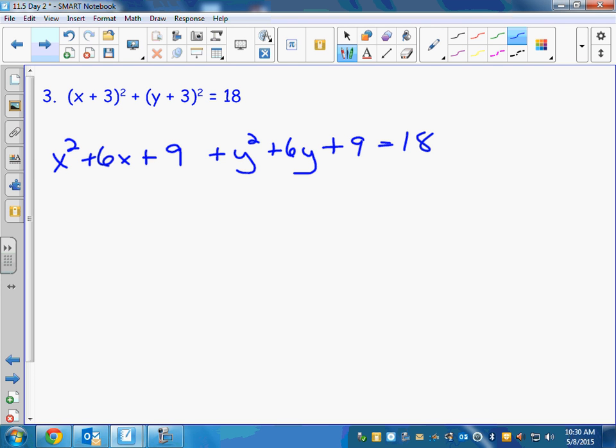Agree with that? So if we subtract the 9s over, that's just going to cancel out that 18 over there. Can you agree with that? Minus 9, minus 18. And then I'd have x squared plus 6x plus y squared plus 6y equals 0.